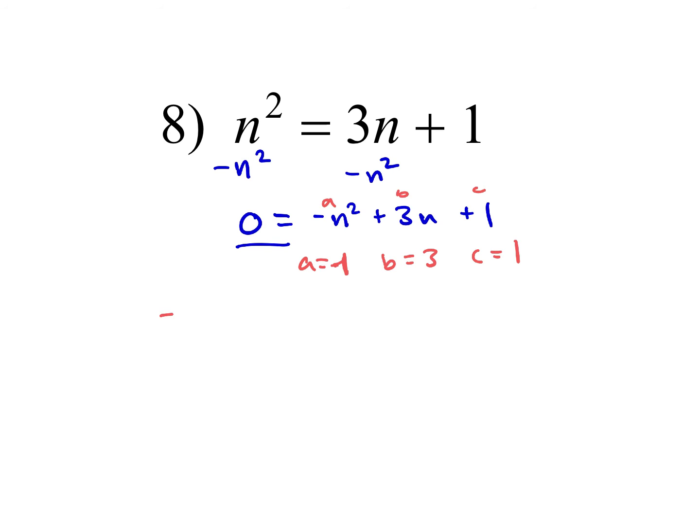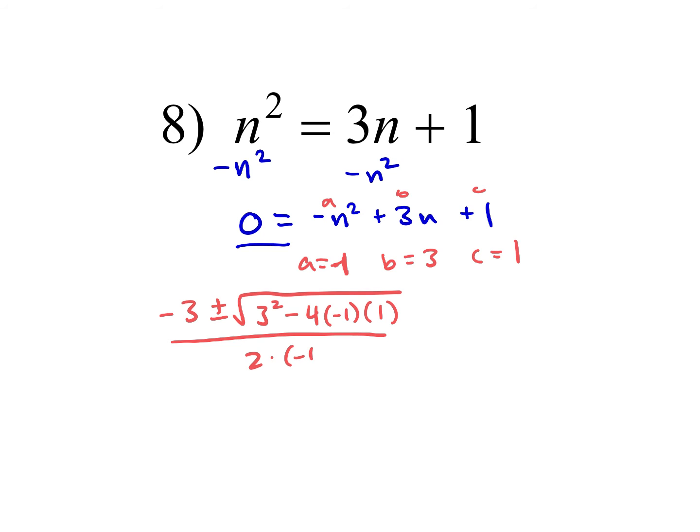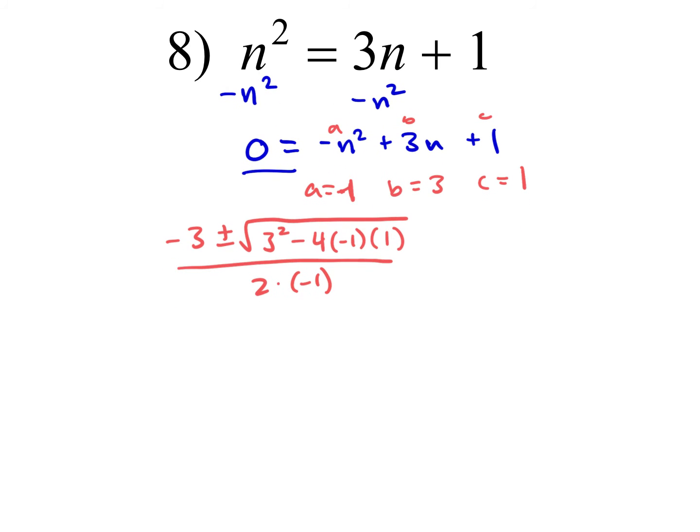All right, so we have negative b plus or minus the square root of b squared minus 4 times negative 1 times 1 over 2 times negative 1. So negative 3 plus or minus, what's 3 squared? 9.